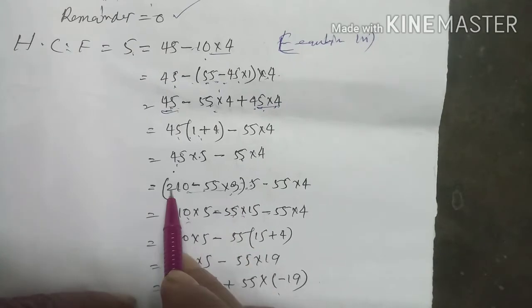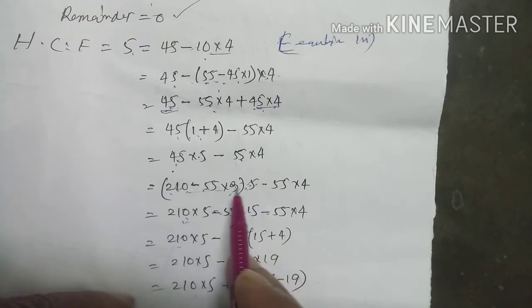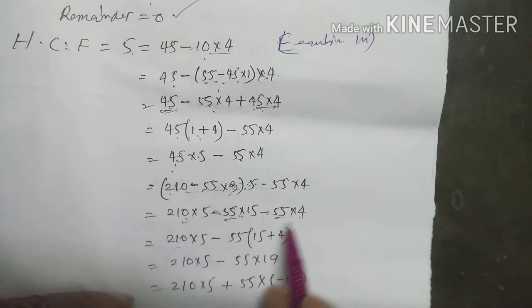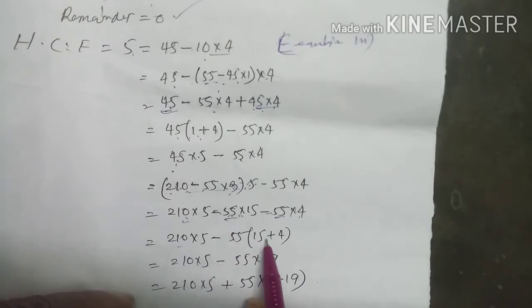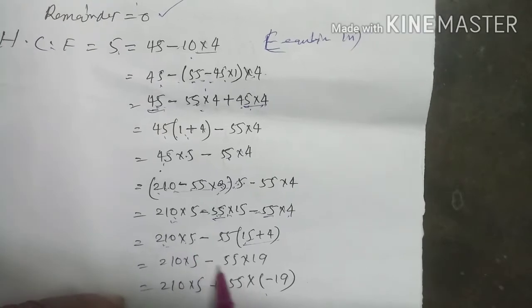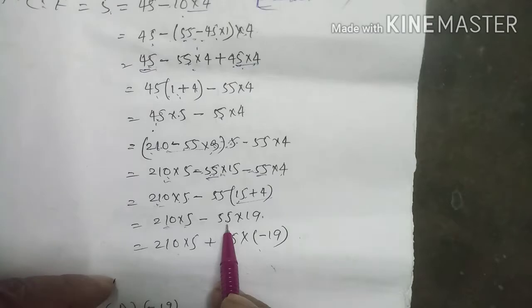Now calculating this, 210 into 5 minus 55 into 3 into 5, that is 15. Now 55 into 15 and 55 into 4, taking common 55, we have this. So 210 into 5 minus 55 into 19.